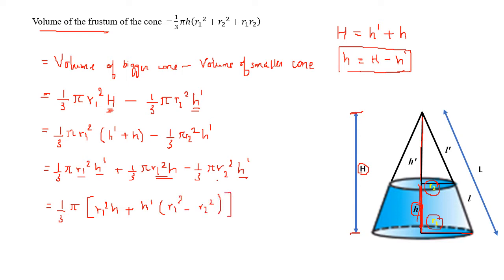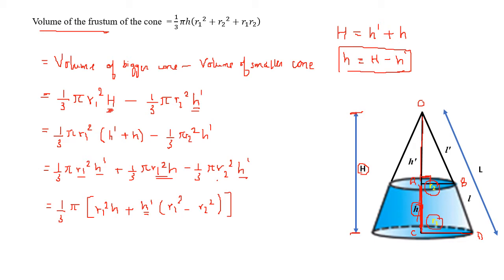Now what I have to do is eliminate this h prime. Now how do I eliminate the h prime in terms of h? Here we will bring in similarity. Now what similarity? Let me write the names of these triangles. Let me call this O, let me call this A, this B, this C, and this D. Now look at triangle AOB.